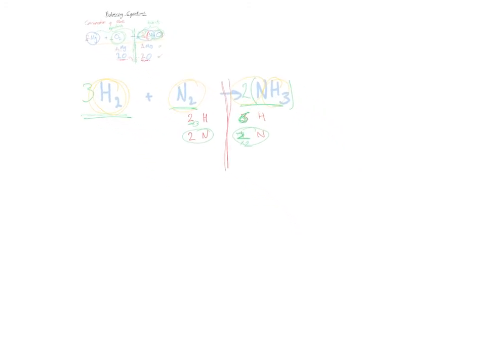I'll give you one more quite difficult one for you to try. Give it a go first and then have a look at the answer. So let's try methane, add oxygen, so we're doing a combustion, creates carbon dioxide and water. Pause it now and have a go to try and balance that.